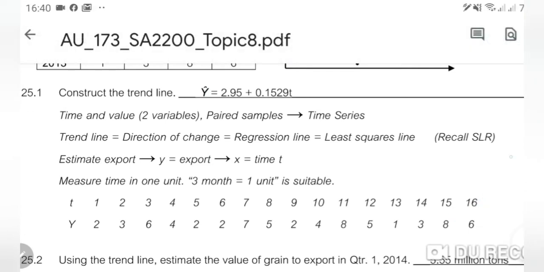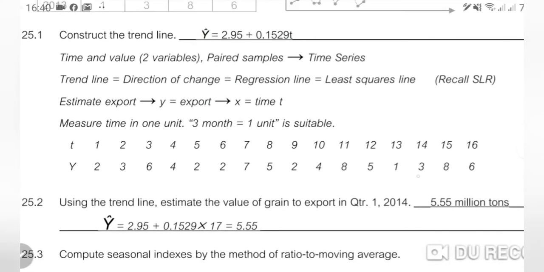So after that, 2014 quarter 1 is time unit 17. So enter 17 for t and compute Y hat, the estimated export. You will get 5.55, so 5.55 million tons. Okay, next.